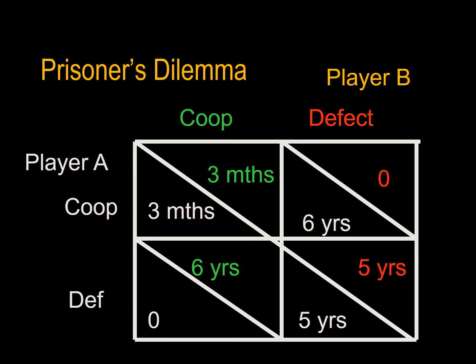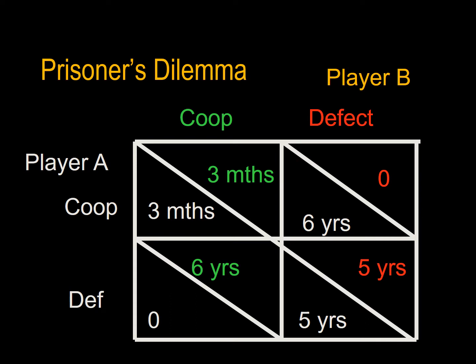Now the prosecutors absolutely need to punish someone, so if one of the individuals accuses the other of being a thief, but the other does not make a reciprocal accusation, the one who fingered the other will walk free with 0 jail time, whereas the other one will go to jail for a very long 6 years.